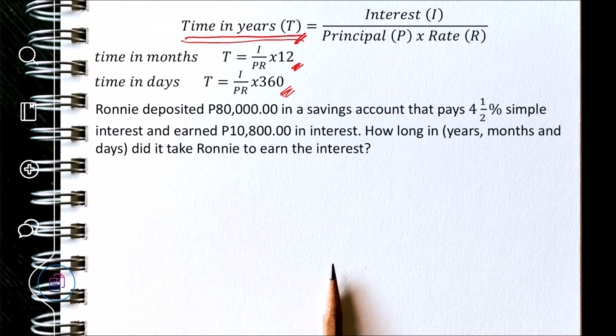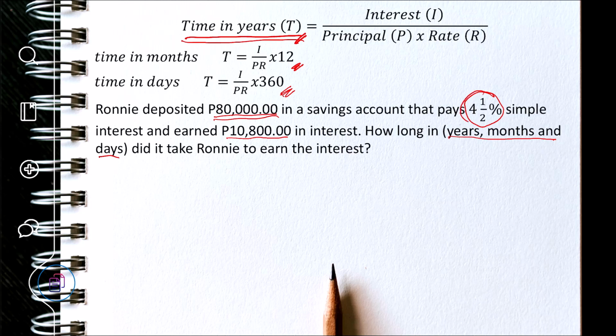Ayan, magbigay tayo ng example. Ronnie deposit 80,000 in the savings account that pays 4 and 1/2% interest. Earned 10,800. How long in years, months, and days did it take Ronnie to earn the interest? Ayan po. This is the principal amount.